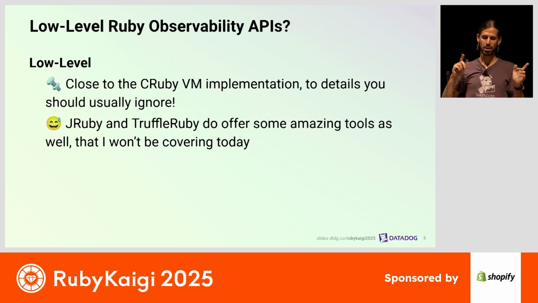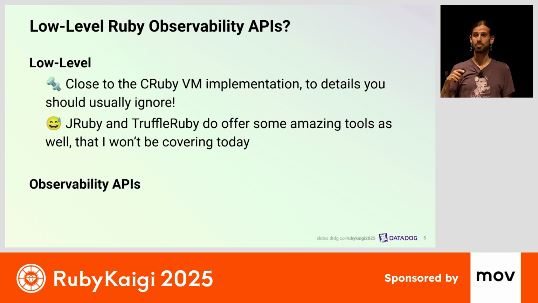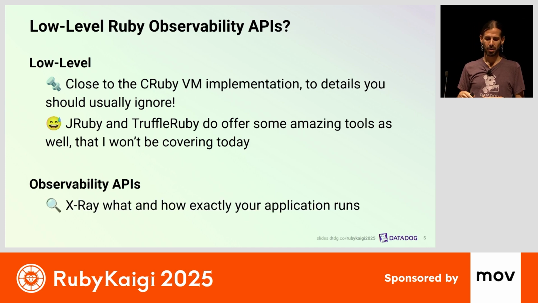This means that JRuby and TruffleRuby will not be included in this talk, but they do offer some amazing tools, and I'm super happy to talk about it at any point in time. And observability APIs are the idea that they allow you to X-ray what and how your application is running. What's it doing exactly, and why is it doing it?